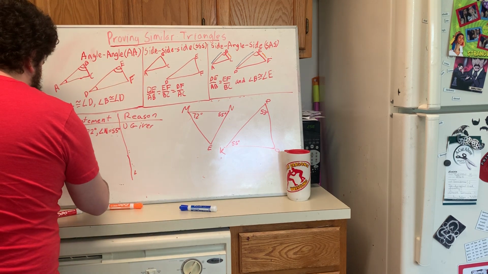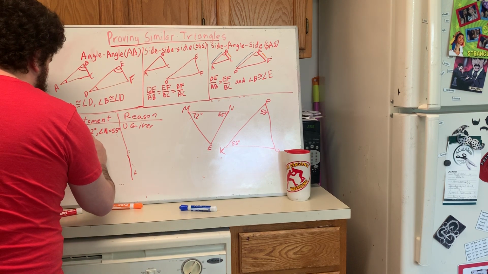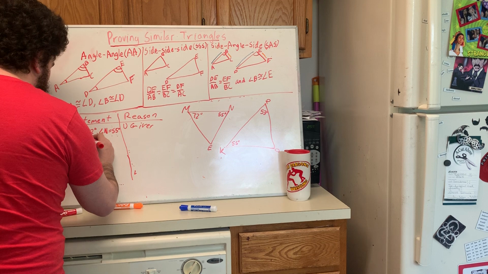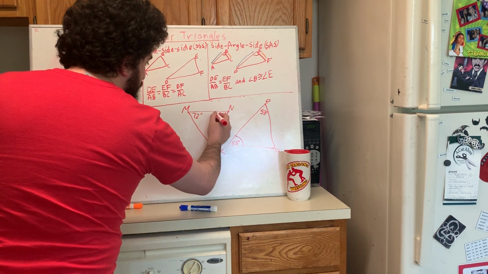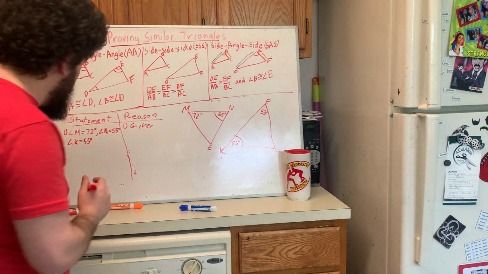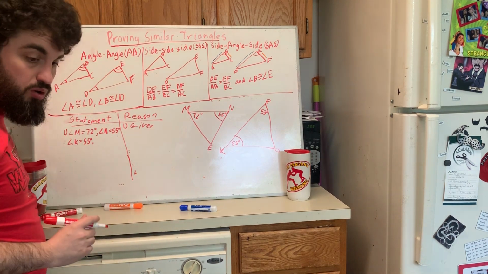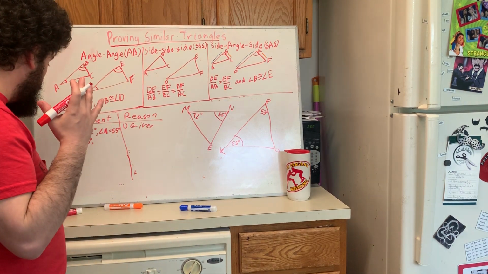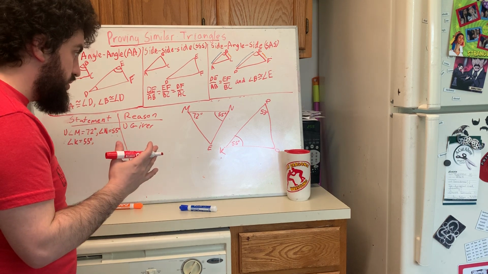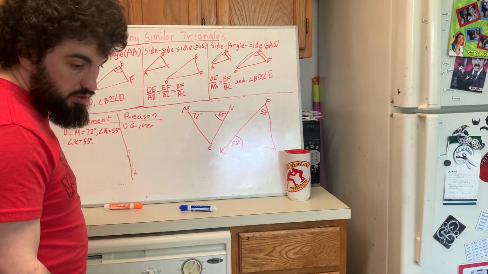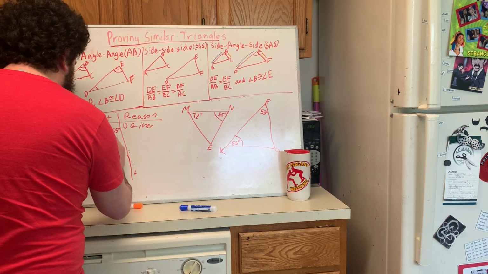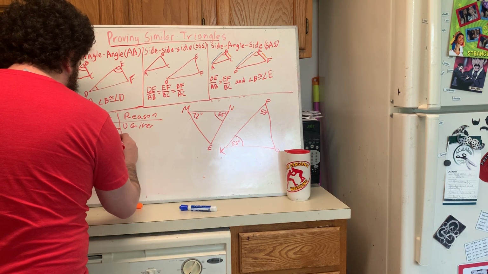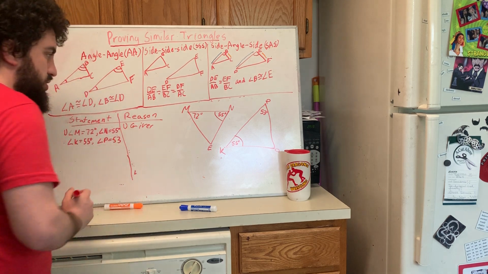I know angle K is also 55 degrees. So that's going to be a helpful piece of information. And I know angle P, sorry, angle P is equal to 53 degrees.